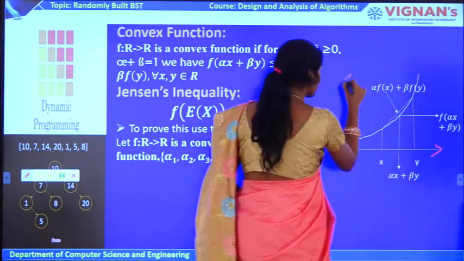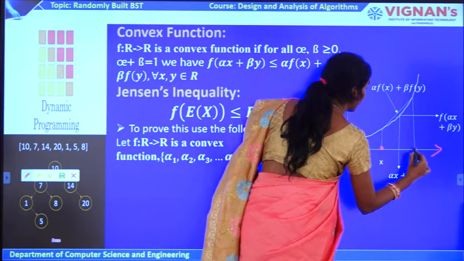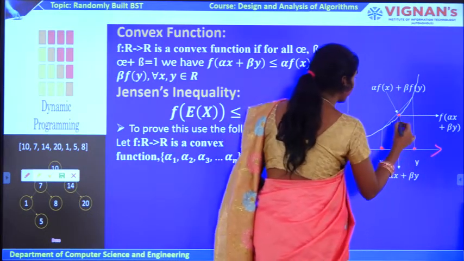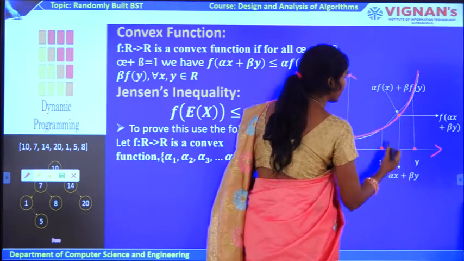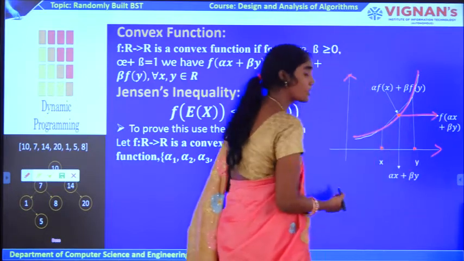Here is a graph where I have these points x and y, and this is a curve, and this point is f of alpha x plus beta y.